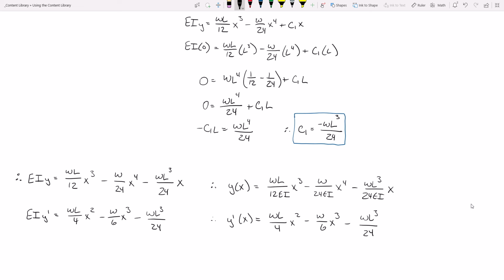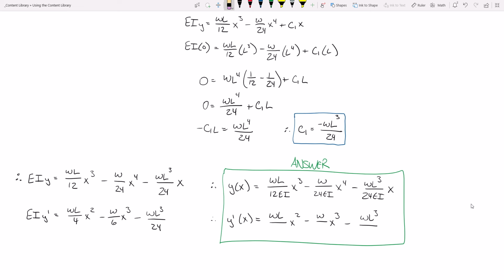So, to be clear, this is an answer right there. That's the deflection as a function of x. Oh, sorry, forgot my EIs. Right there.